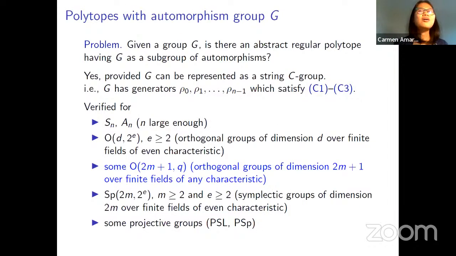Now, what is the specific problem that we worked on? So the general problem is, suppose we are given a group G, any finite group G. Can we find an abstract regular polytope having G as a subgroup of automorphisms? Because of the previously established connection between string C groups and abstract regular polytopes, the answer here will be yes if we can represent G as a string C group.